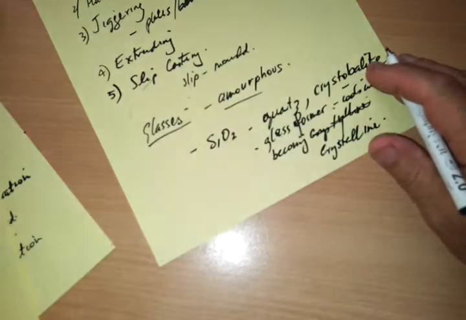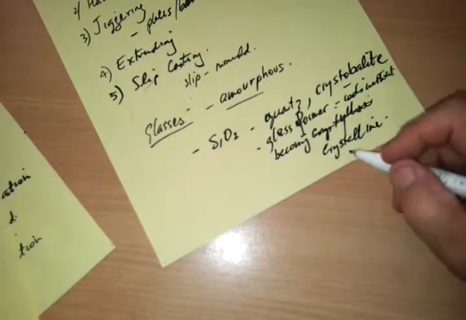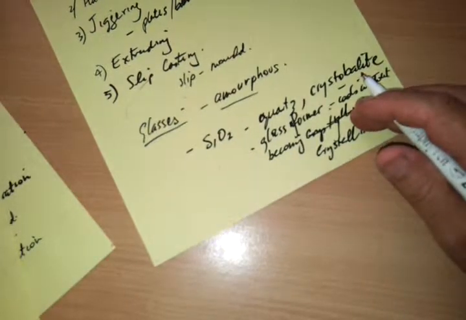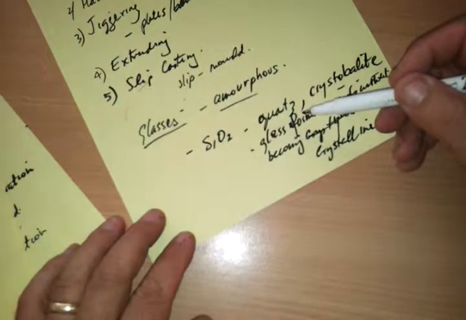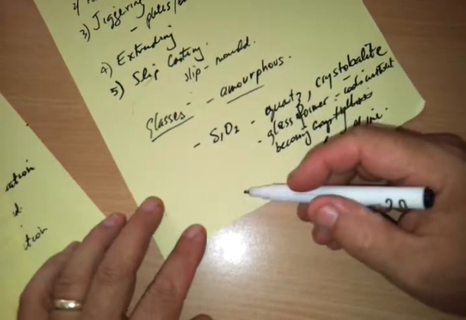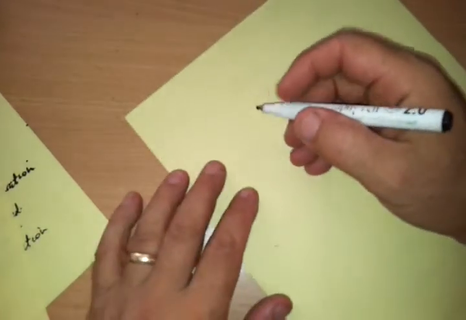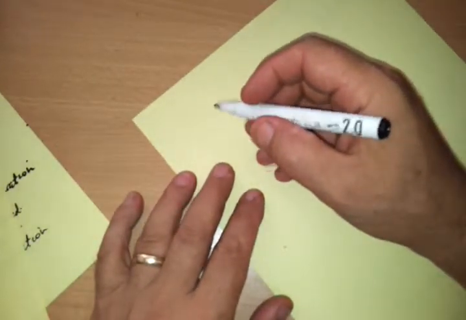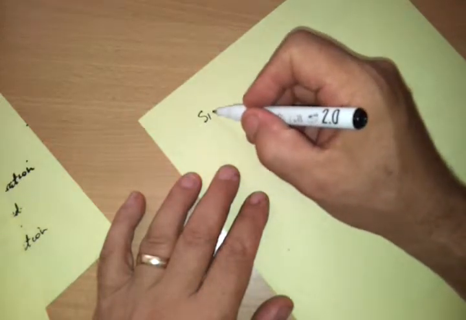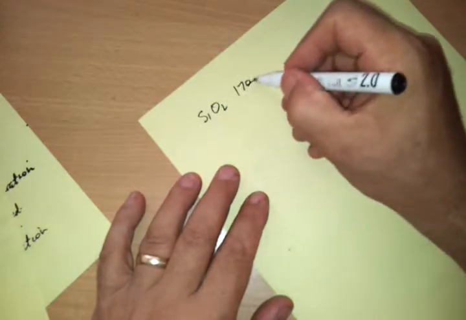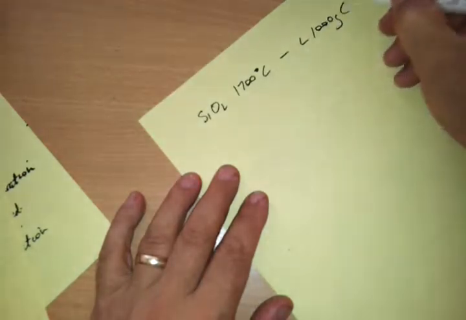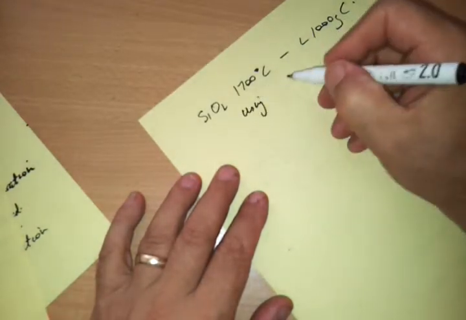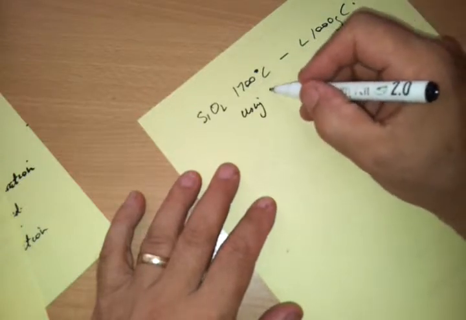Okay, forming processes for glass. Oh, by the way, glass formers: normally it would be up around 1700 degrees to melt silicon dioxide, but using some metal oxides like sodium, calcium, magnesium and potassium will lower the melting temperature of silicon dioxide from around 1700 degrees Celsius to less than 1000 degrees Celsius.